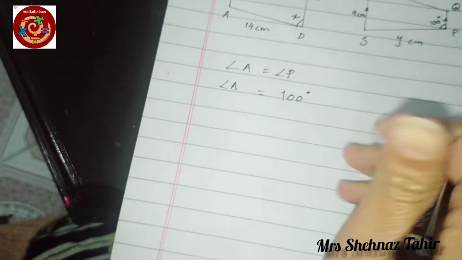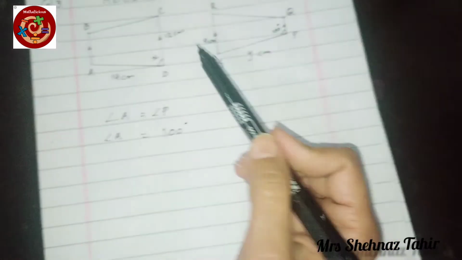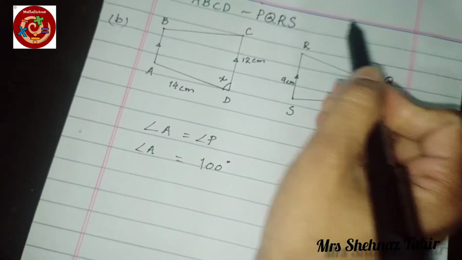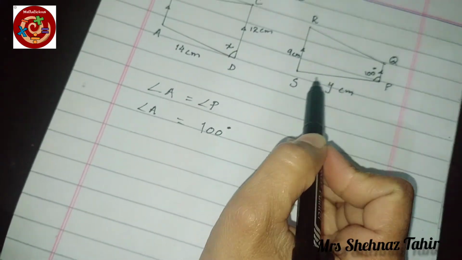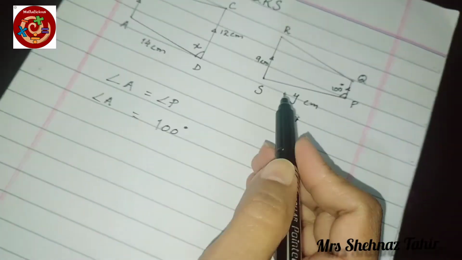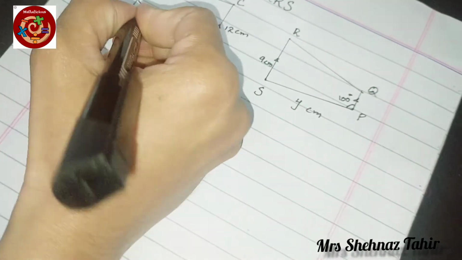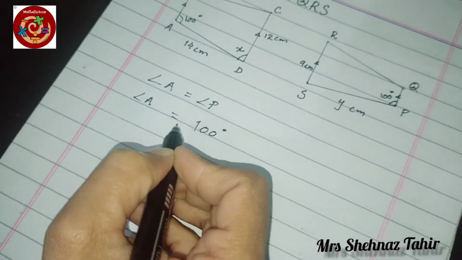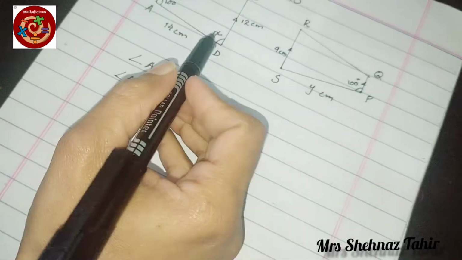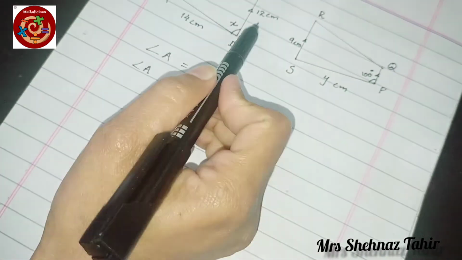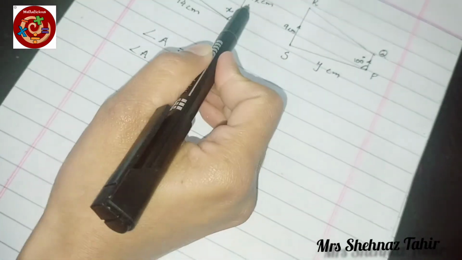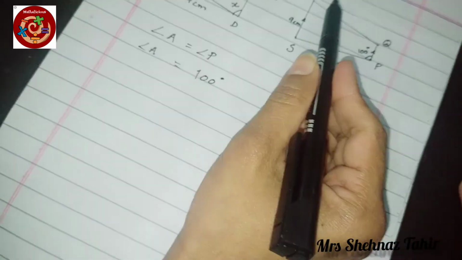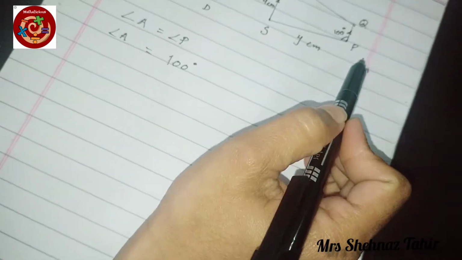Now we have to find out angle X. From the question it is clear that D is equal to S, but we don't know both values. So if A is equal to 100 degrees, as we have found out, then 100 and X... If you look at the question carefully, you can see these arrows on both sides, on lines AB and CD, and on lines RS and PQ.